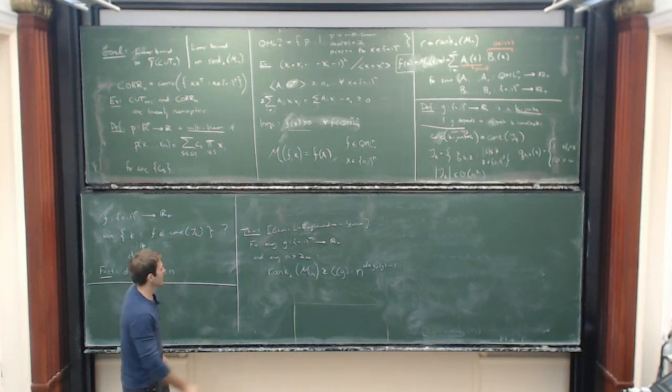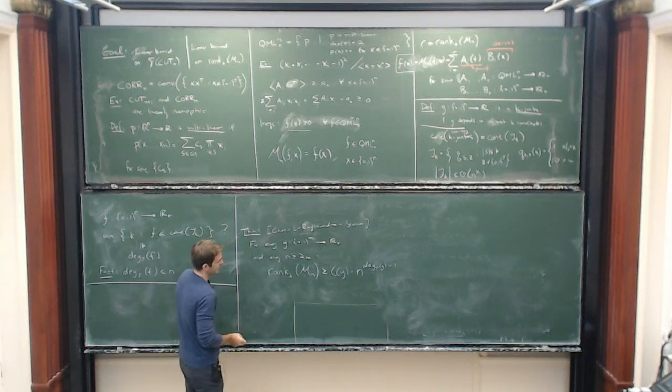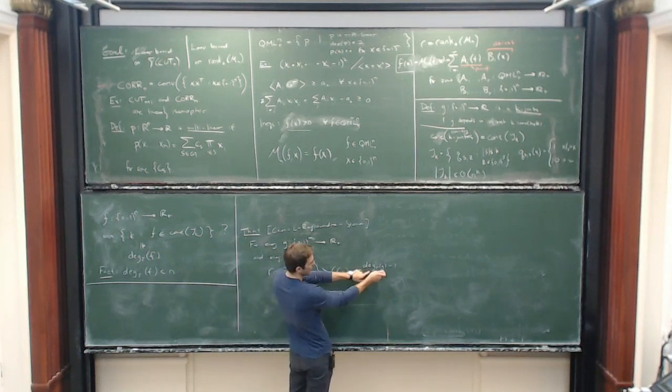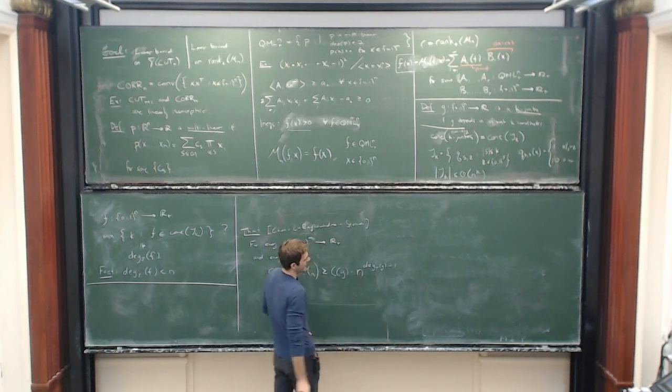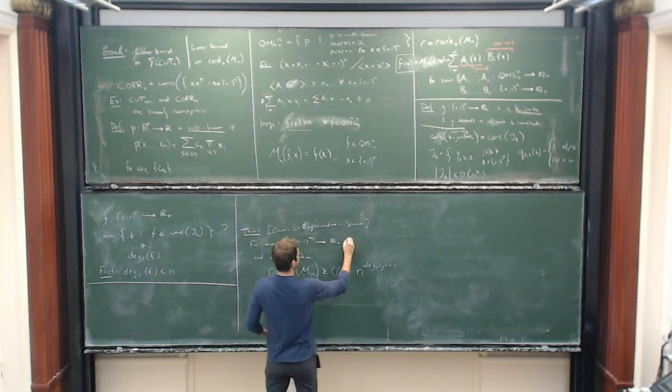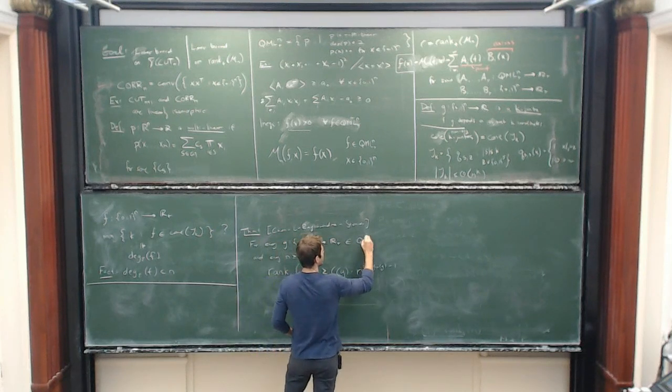This g has to be a quadratic multilinear function, one of the things we talked about.